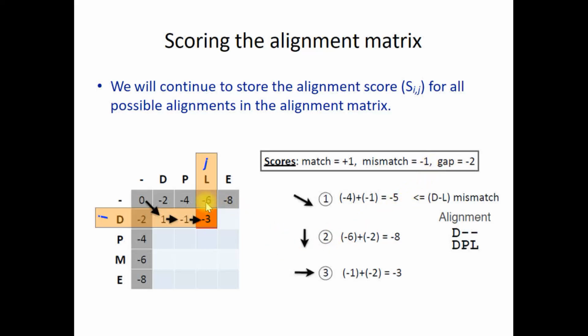Horizontal direction -6, gap -2, -8. Or vertical direction -1 and -2, -3. Again, -3 has the highest score, so we put a -3 here and put an arrow, to remind us how we got -3. It's from the left cell, but not the other 2 neighbors. And that is the corresponding alignment view.